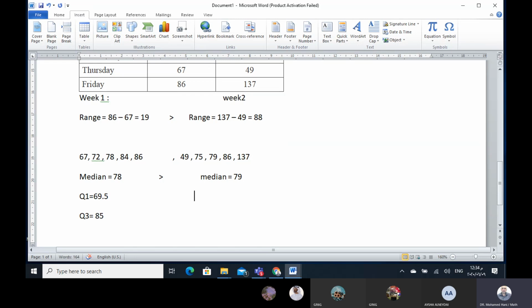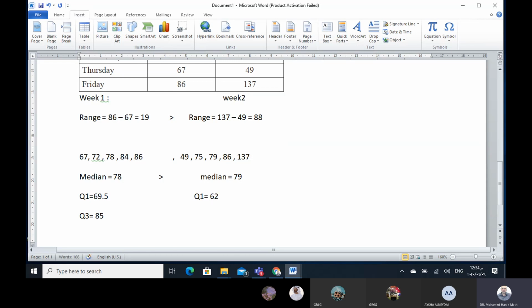And here we have Q1 equal, take 49 plus 75. 49 plus 75 will be 124. 124 divided by 2 will be 62.